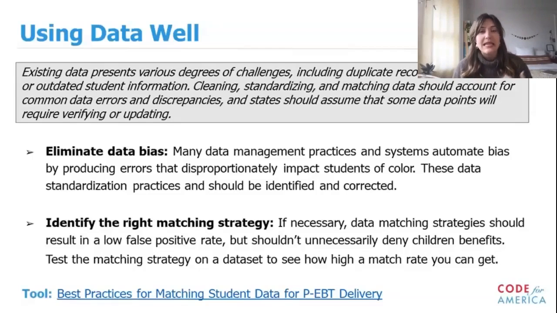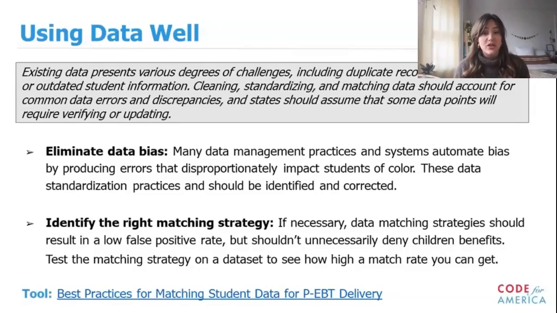And so these data standardization practices produce errors that disproportionately impact students of color. So we have to intentionally undo the racial and cultural biases that have become baked into our technology systems and data practices. And if matching student records across data sets is necessary for your P-EBT strategy, it's critical to find the right data matching strategy.